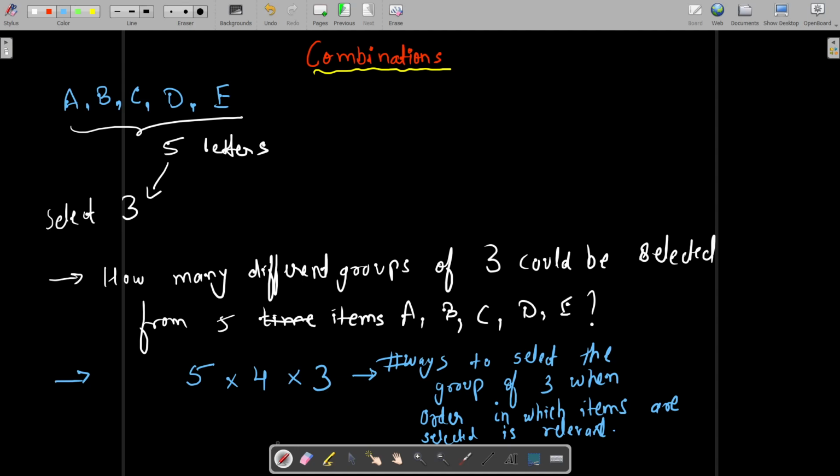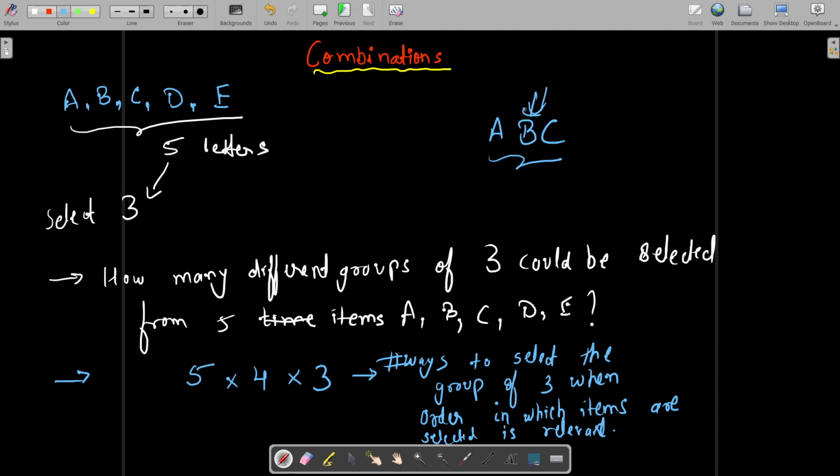Why? Because for every group of three that we have from this five, what will happen? Let's say from A, B, C, D, E, we are selecting A, B, C, just for example.